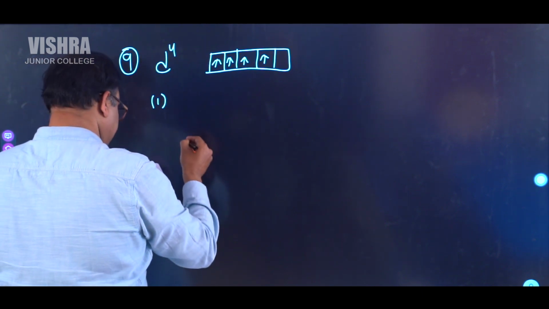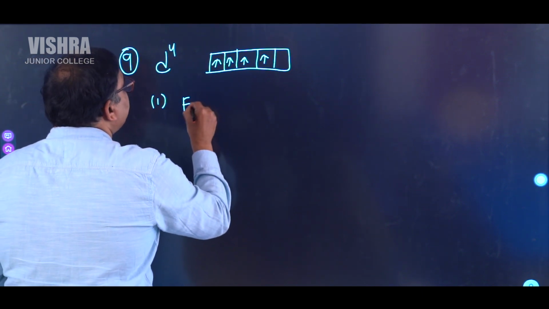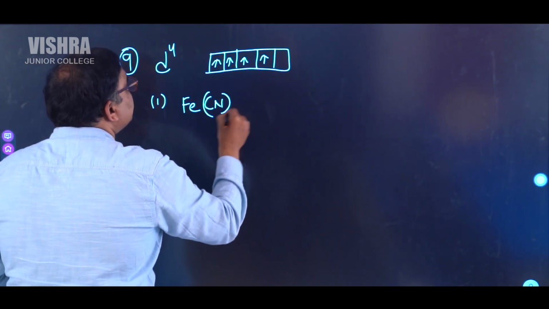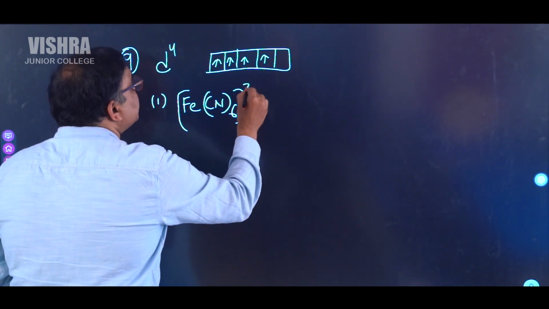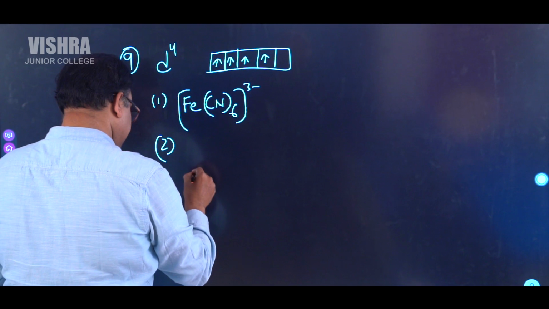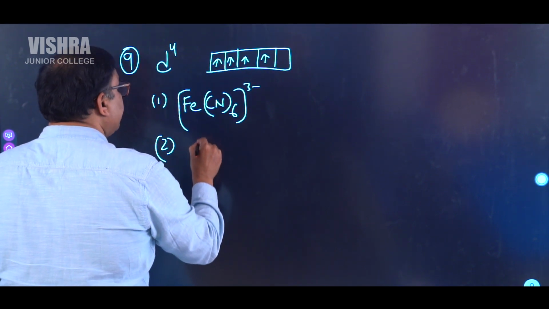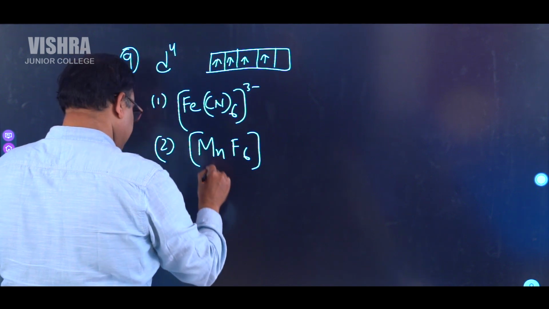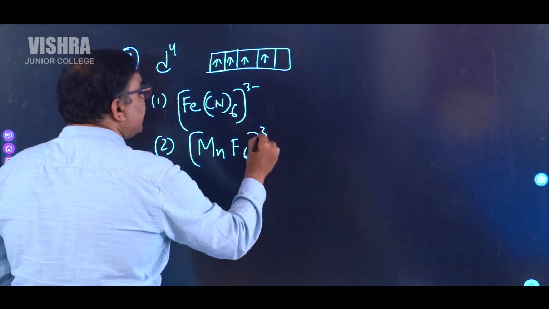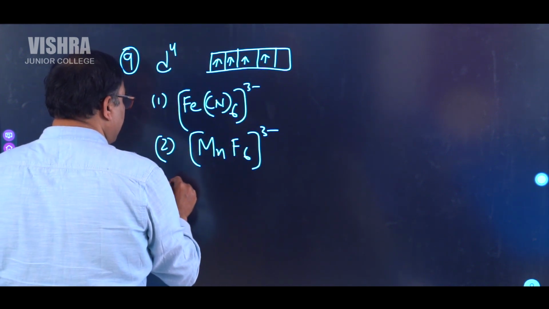First one is given as Fe(CN)6 with a charge of 3 minus. Second option is Mn F6 with a charge of 3 minus again. Both are octahedral complexes.